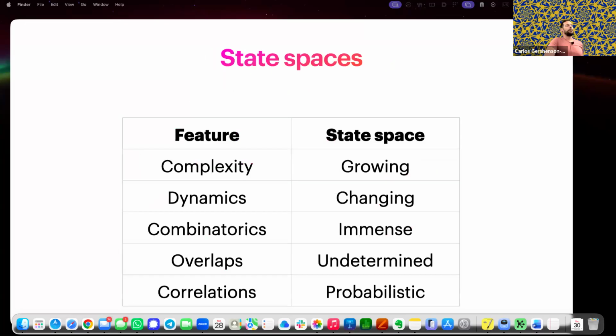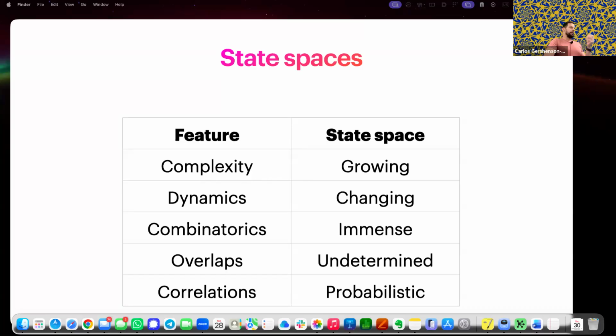So if we just focus on state spaces, which are extremely useful to describe dynamical systems, usually if we have interactions, meaning complexity, it might be that the state space will grow. We have dynamics, like for non-stationary spaces or changing state spaces, where we have functions that change in time, and the way they change might also change in time.